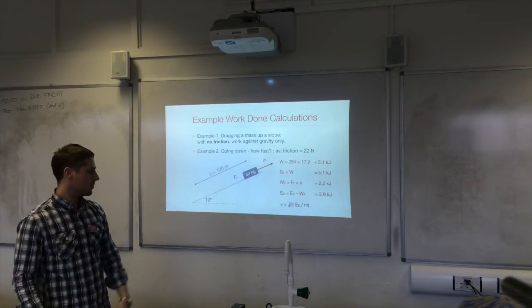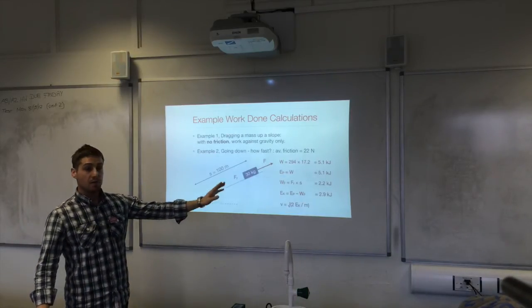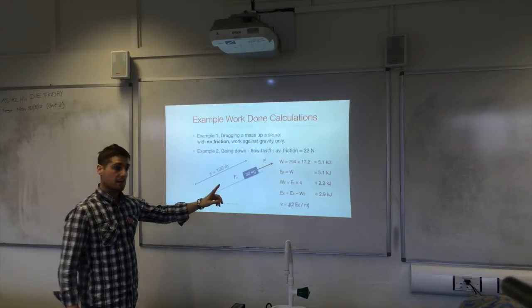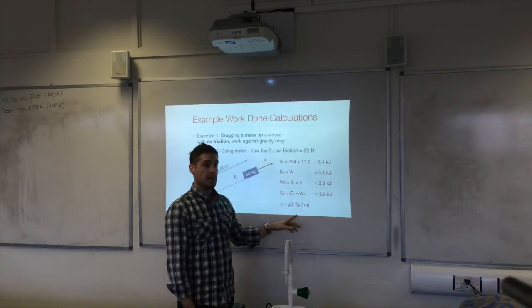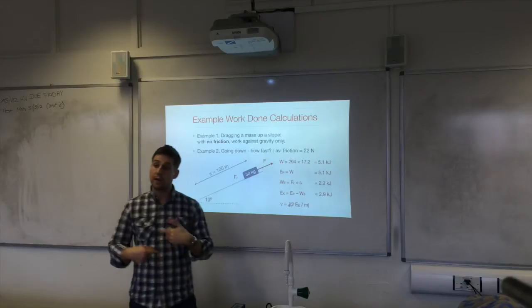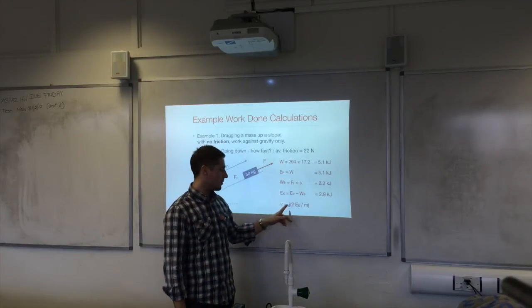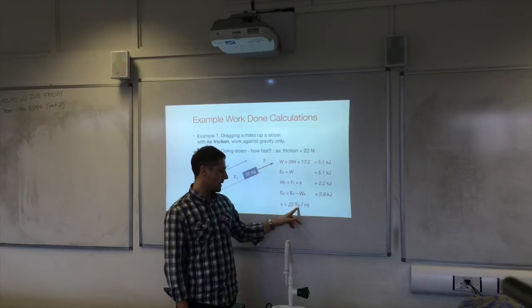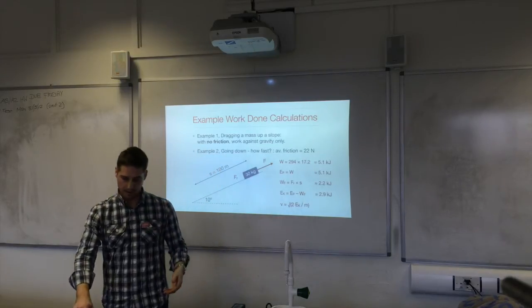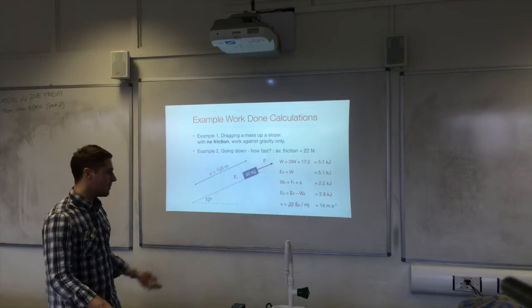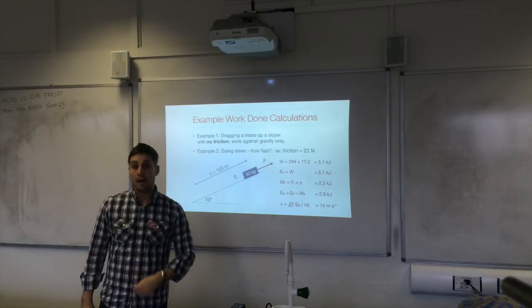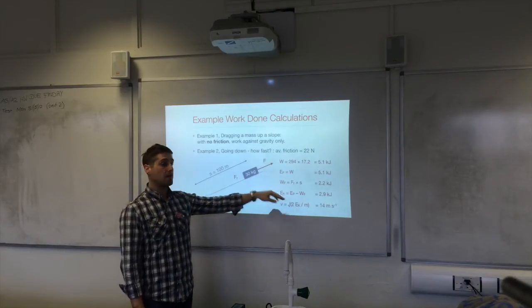2.9. The velocity that the mass will have at the bottom is then found by rearranging the kinetic energy equation. So v is equal to the square root of 2 times the kinetic energy divided by the mass. And when you work that out, it'll be 14 metres per second. That is less than what it would have if there was no friction.